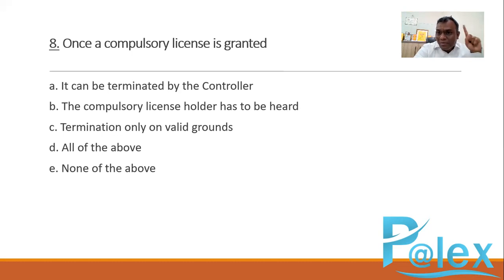Question number 8, once a compulsory license is granted, you're given 5 options. It can be terminated by the controller. License holder has to be heard. Termination only on valid grounds, all of the above and none of the above.